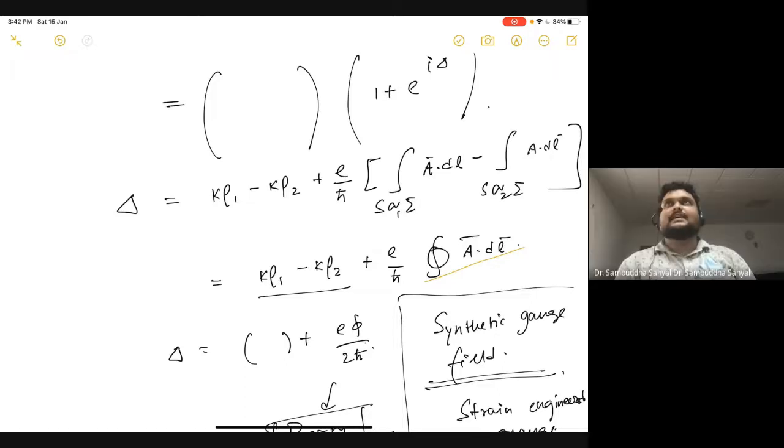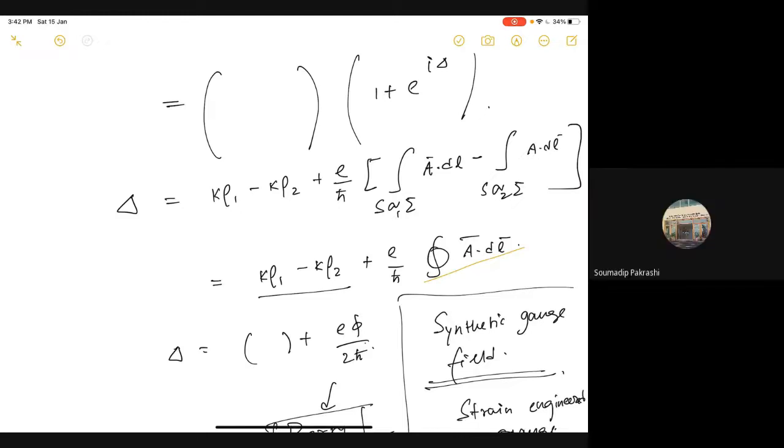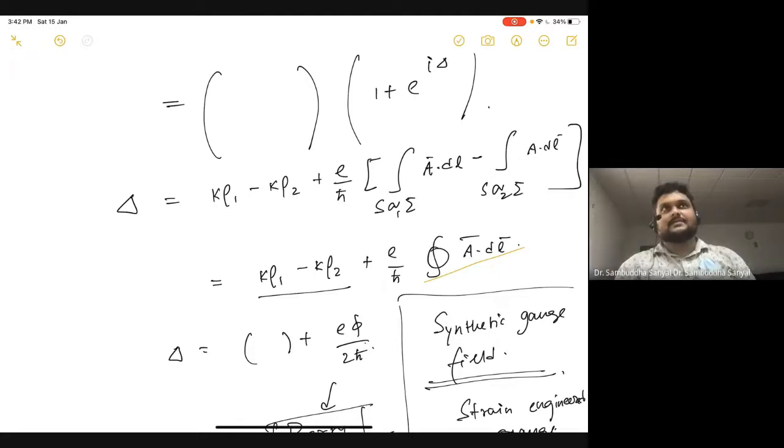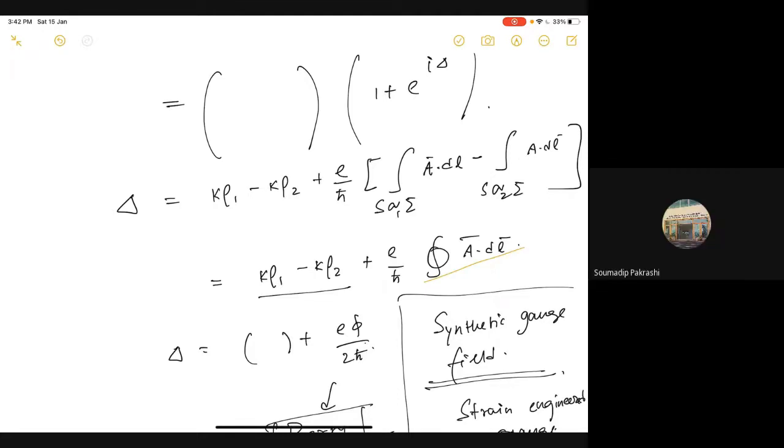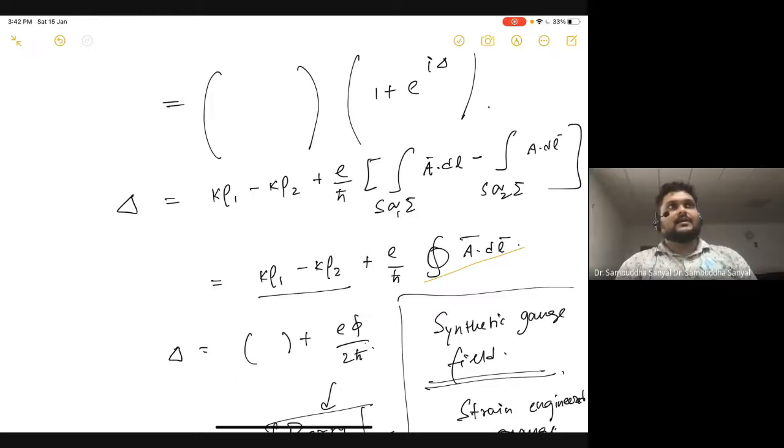Can I interpret that as a measurement, since it becomes a deterministic kind of thing? No, because even if you remember, when we discussed the Stern-Gerlach experiments, there is also a magnetic field.